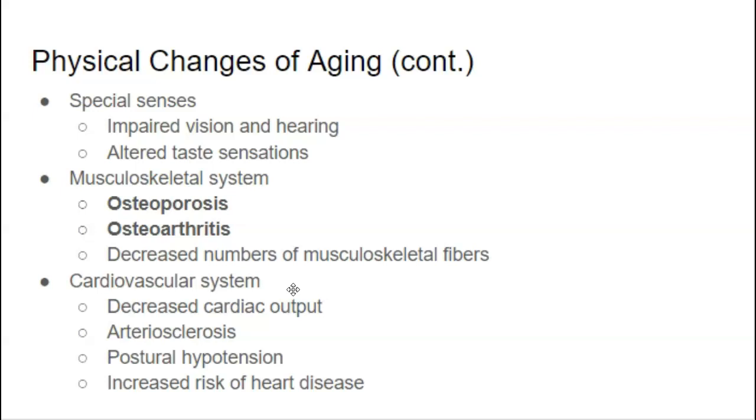And so when estrogen goes down, it tends to increase the osteoclastic activity. So we have more breakdown of bone than buildup, and that can lead to the bones becoming brittle and porous.